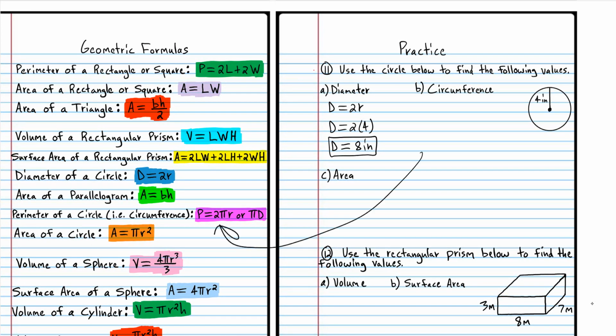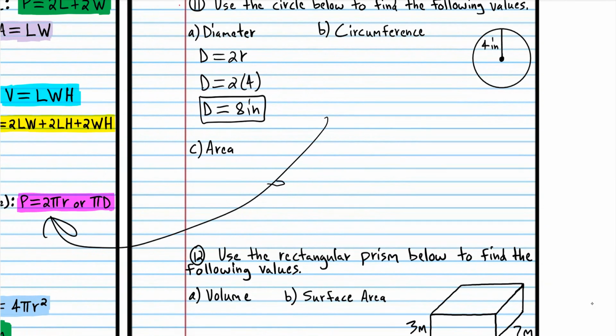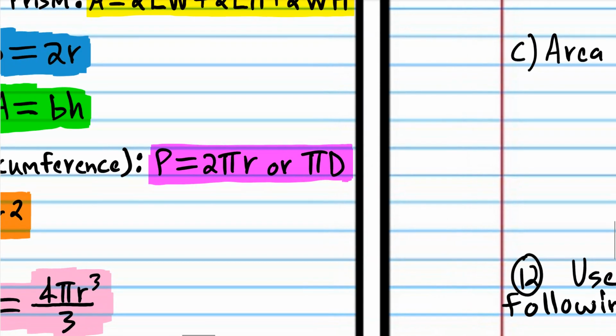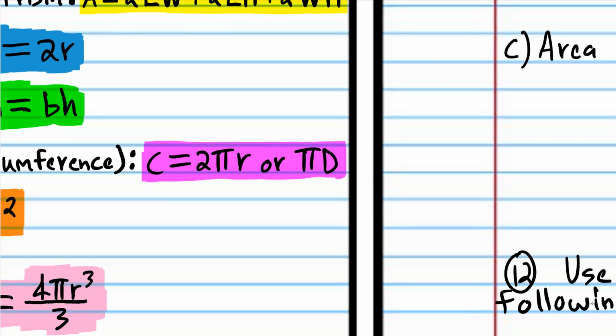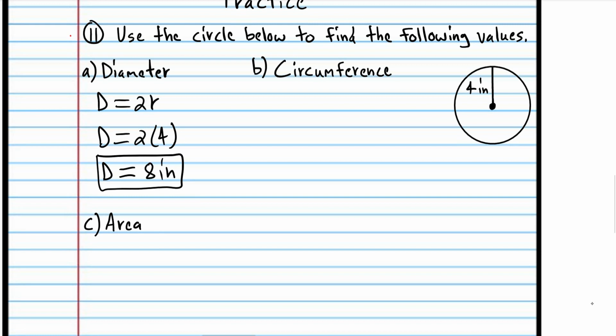So I used the formula P is equal to 2 pi r, but usually you're going to see C is equal to 2 pi r. In fact, I'll probably change that to C just so there's no confusion. Circumference is equal to 2 pi r, or we can say pi times diameter. It's the same thing.